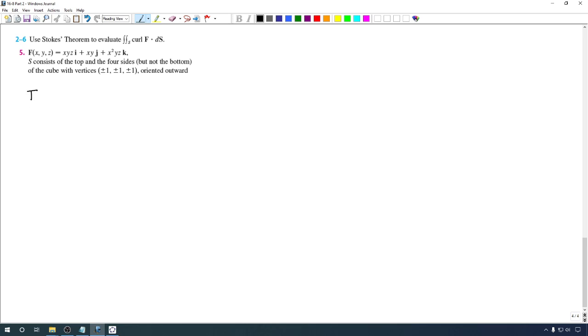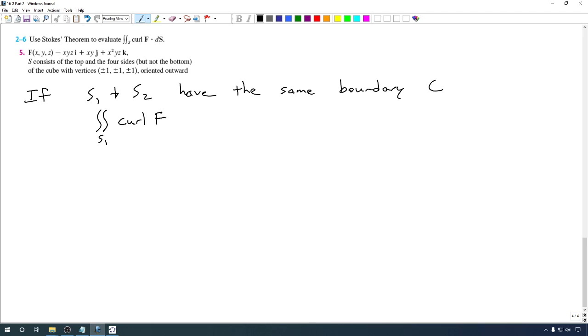So if S1 and S2 have the same boundary, C, and we're integrating a curl over that surface, then the surface integral over S1 of that curl, well, that's just the line integral of the original f over that boundary curve by Stokes' theorem.